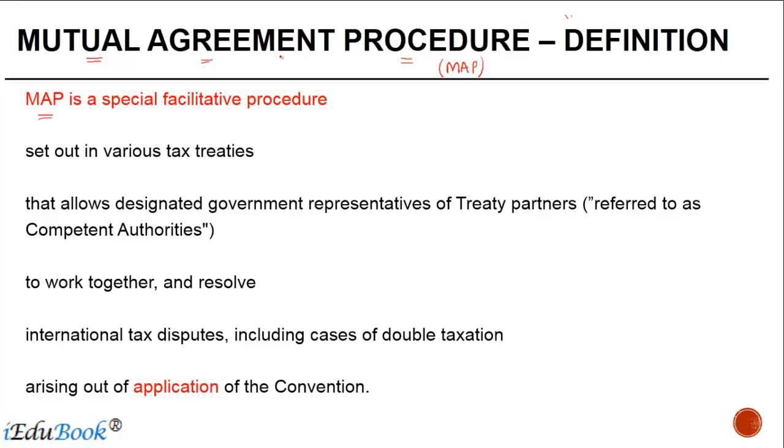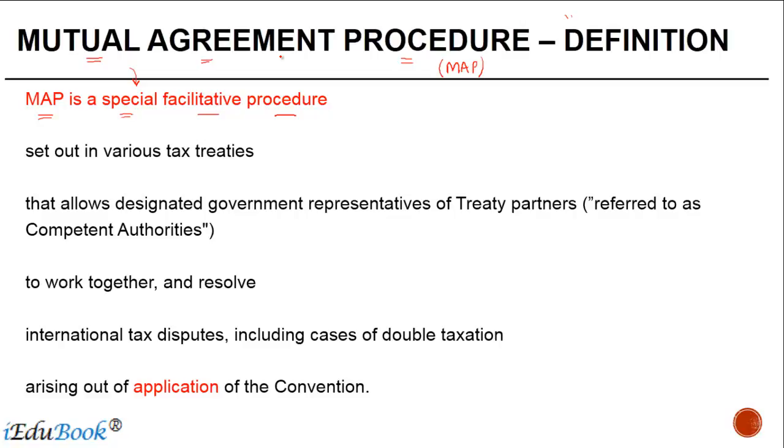MAP is a special facilitative procedure. It's special because it is not that it is applicable in each and every case. While you can invoke it because it is the belief of the taxpayer which is the triggering point, it is not necessary that every time you trigger a MAP, the tax authorities or the competent authorities will accept it.